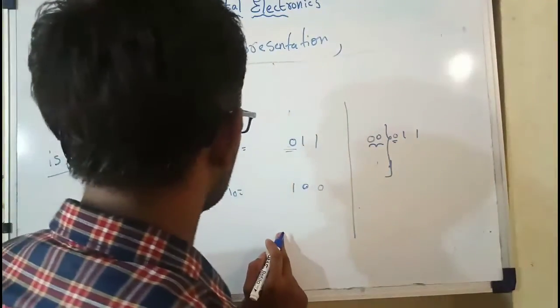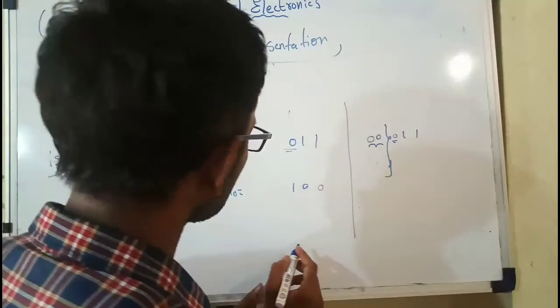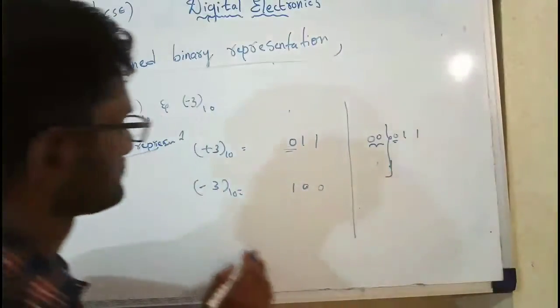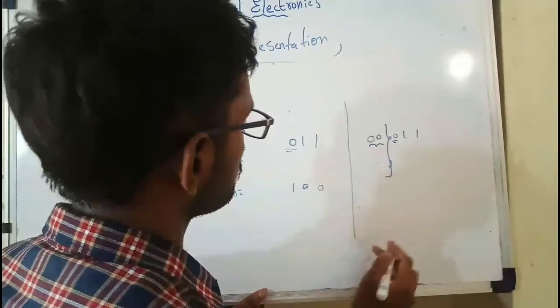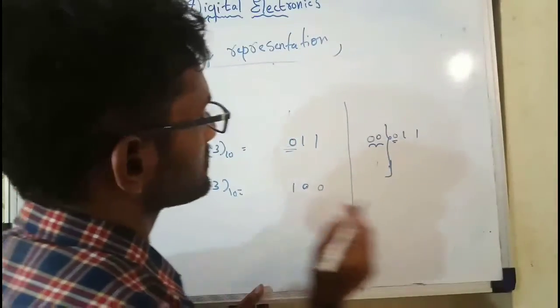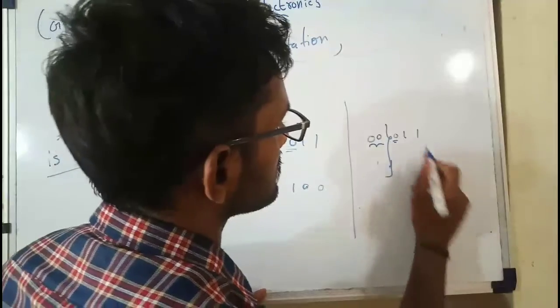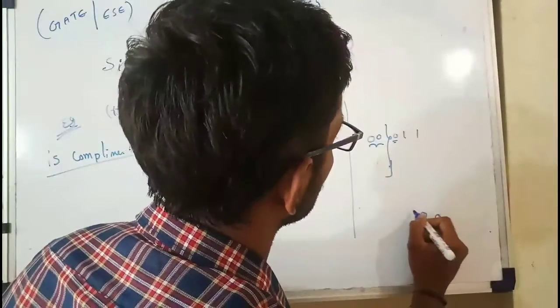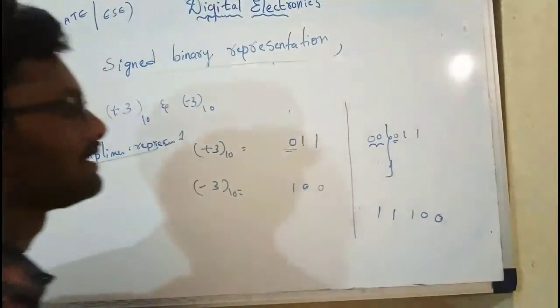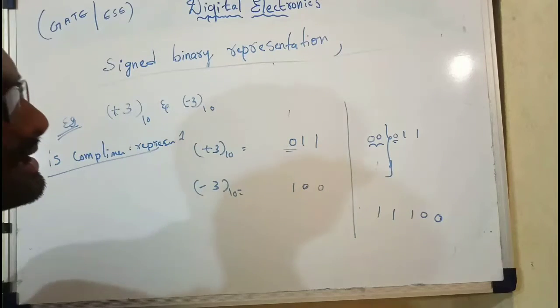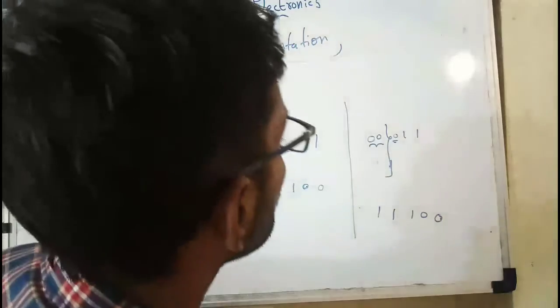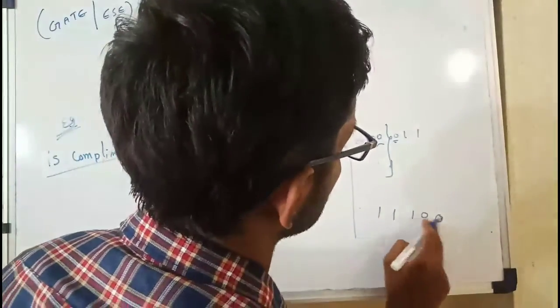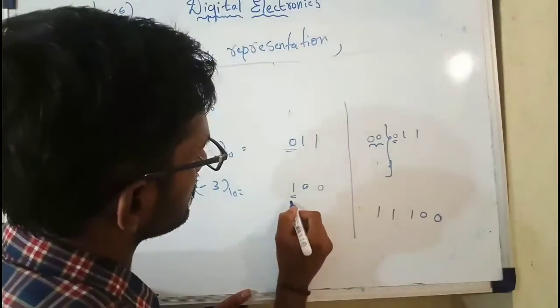But for minus 3, if you take the complement of this, we get the value of minus 3 in base 10. This is 1 1 1 0 0. This is the sign bit.